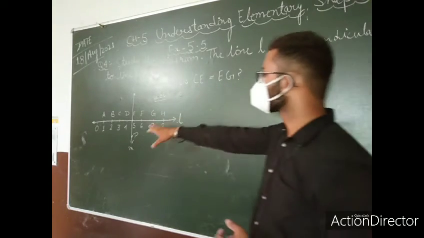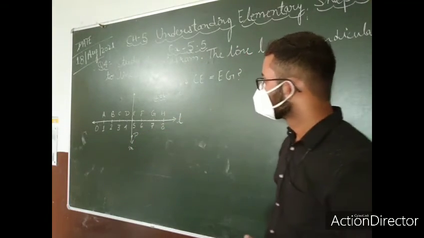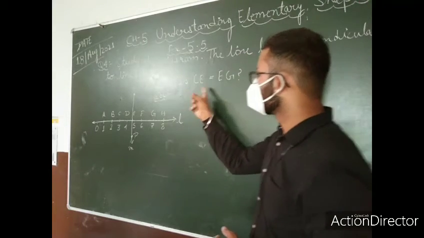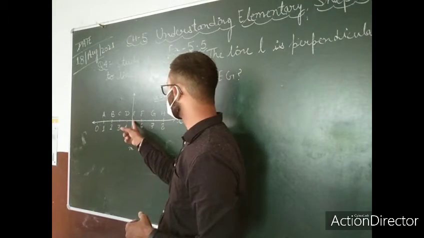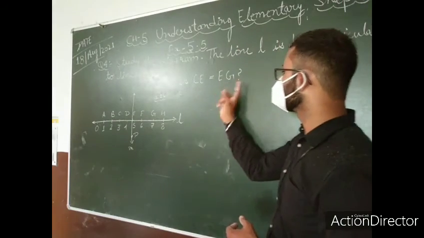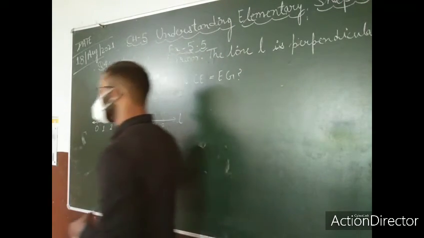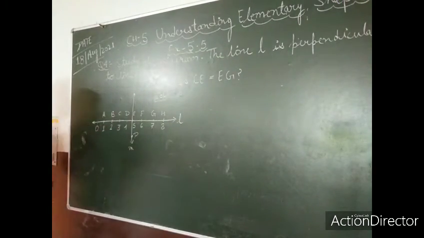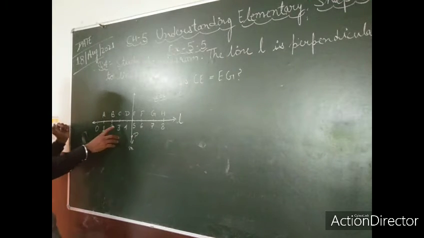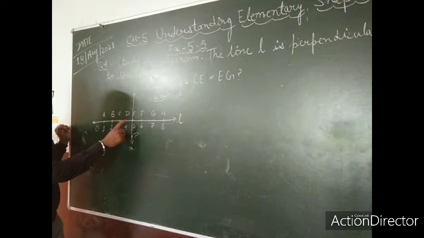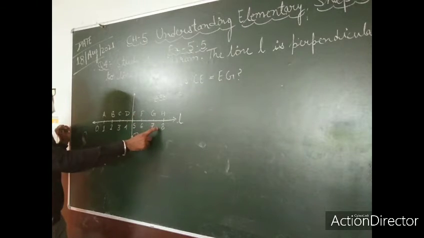The line L is perpendicular to line M. So here we check from this figure whether CE is equal to EG. We check how many units there are from C to E and from E to G.